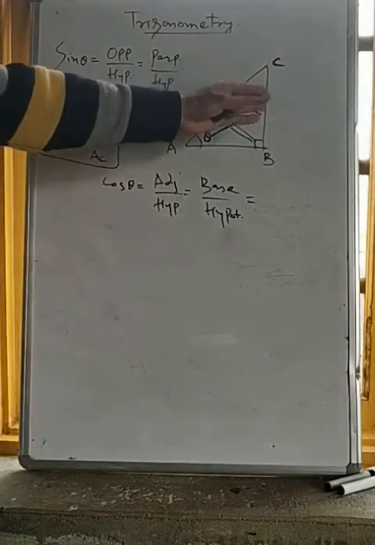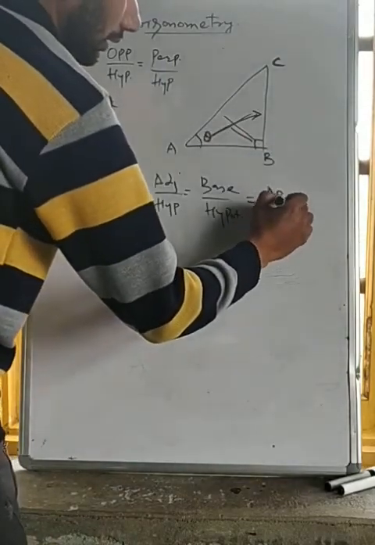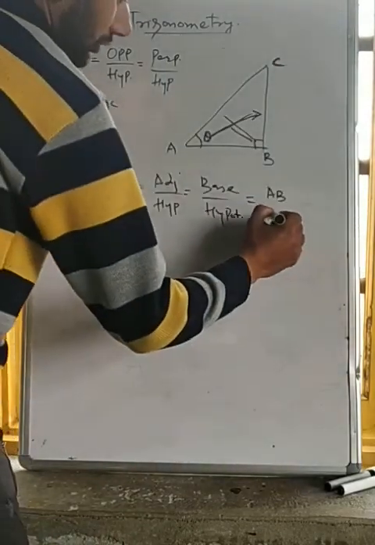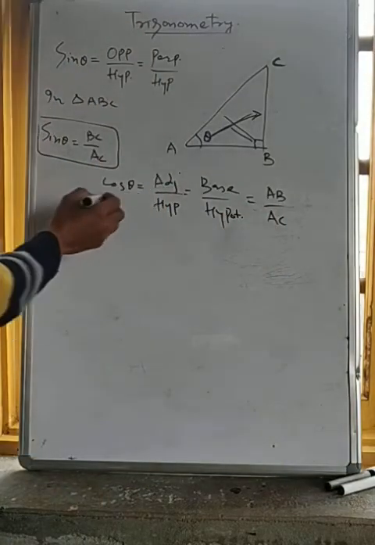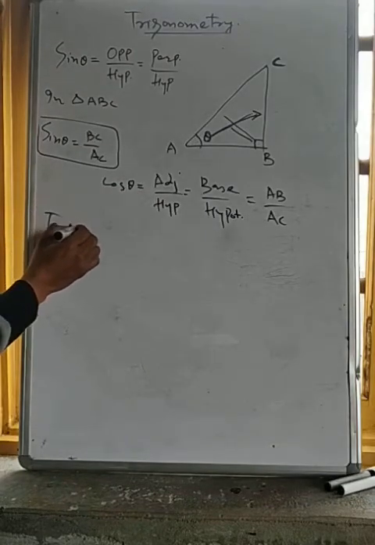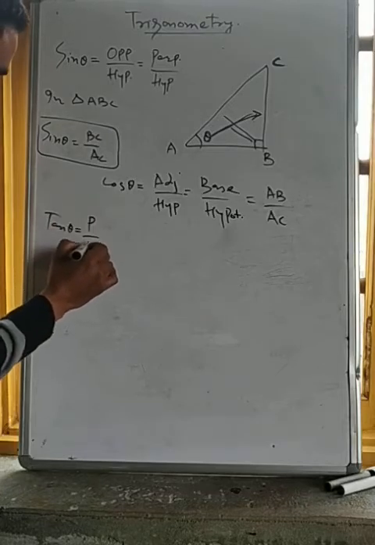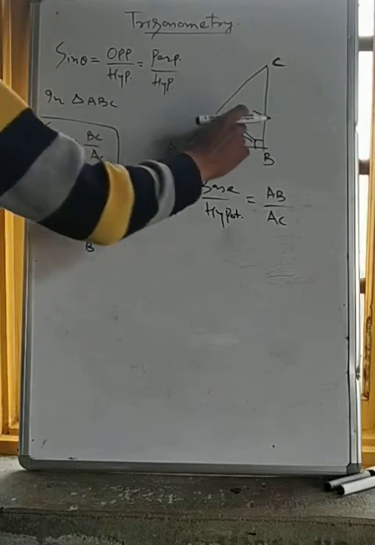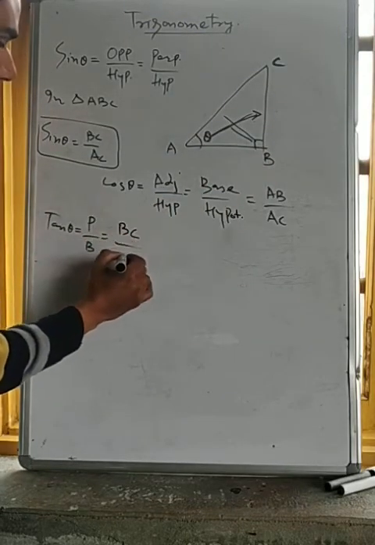If we talk about triangle ABC, base is AB and hypotenuse is AC. Similarly, if we take tan theta, it is equal to perpendicular divided by base. It means in this triangle, perpendicular is BC and base is AB.